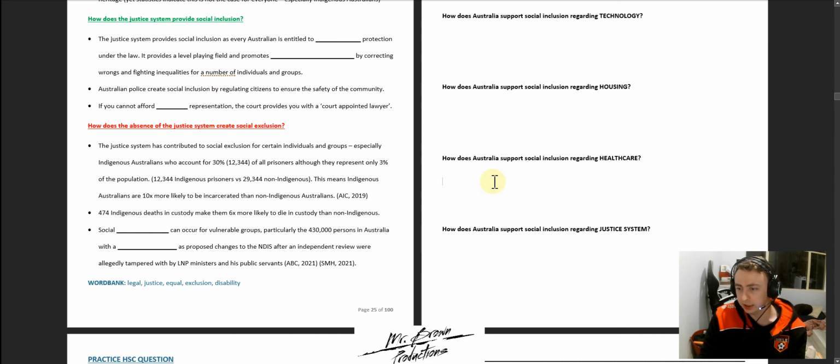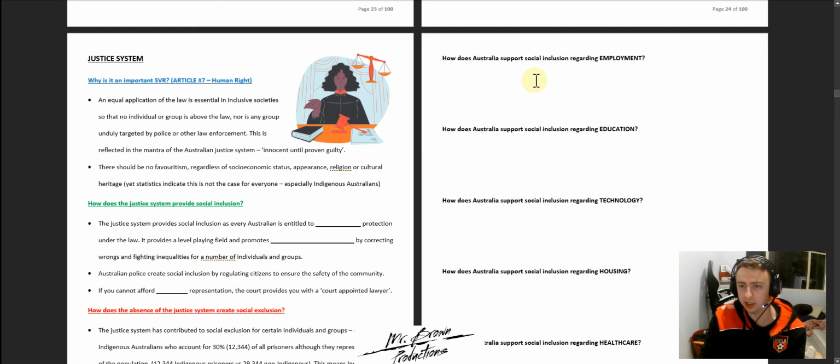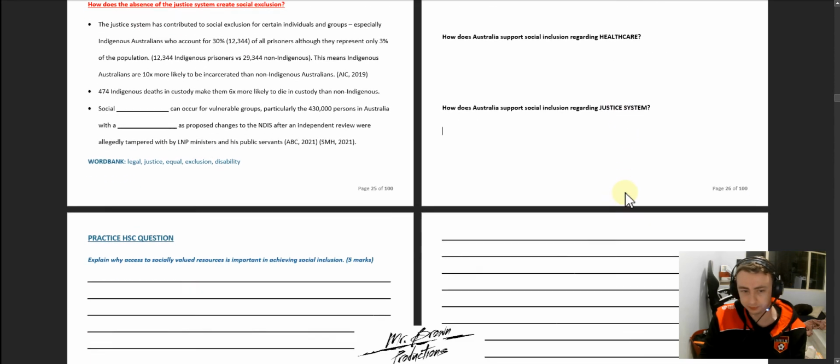Healthcare, we've got free healthcare to a certain extent with Medicare and our public healthcare system. With our justice system, you can get representation if you can't afford it. Whether or not it's going to be the best legal representation is another thing altogether, but you still have access to it. So I just want you to think of as many things as you can where Australia supports inclusion across all of these realms.